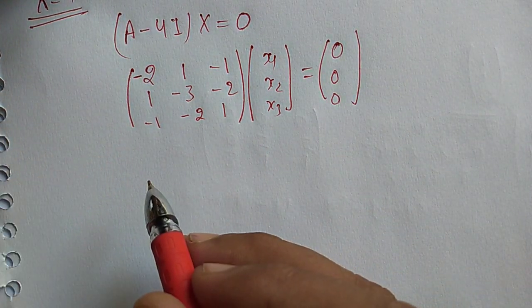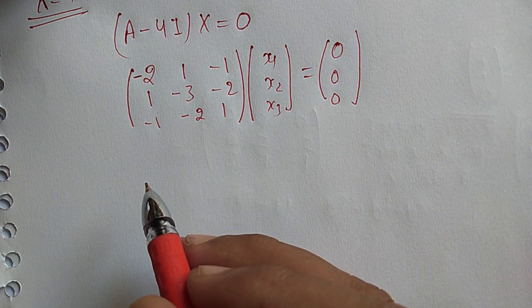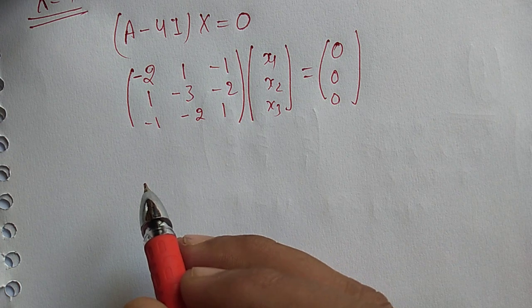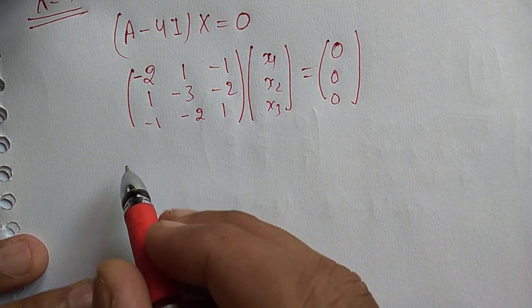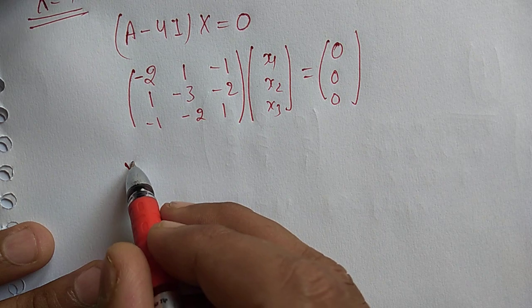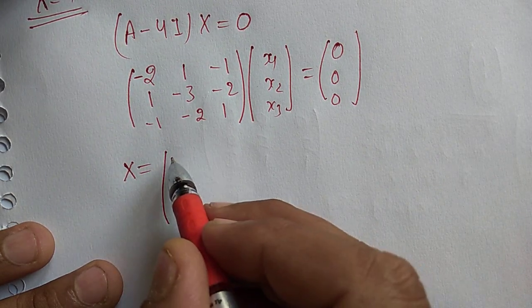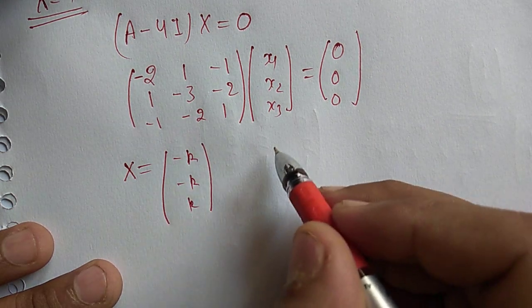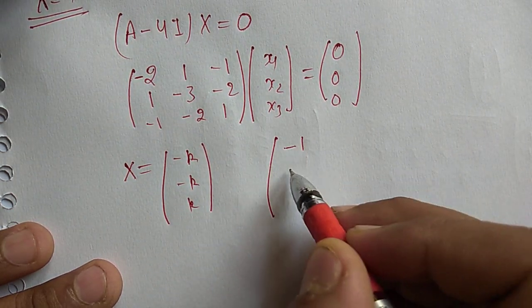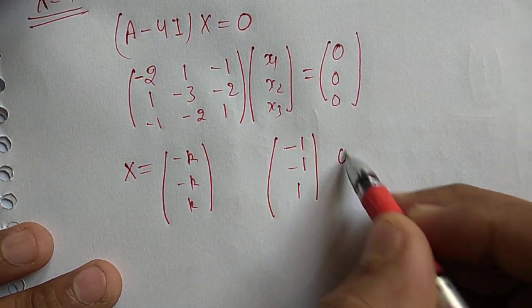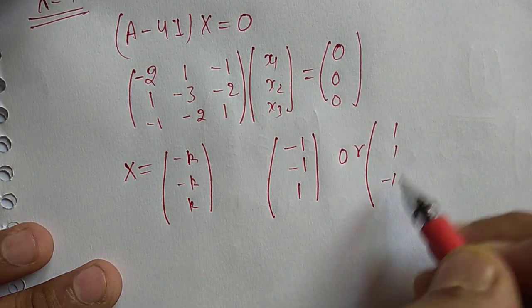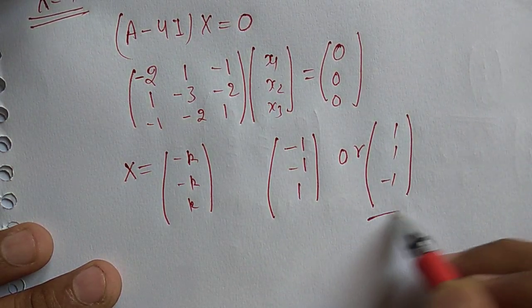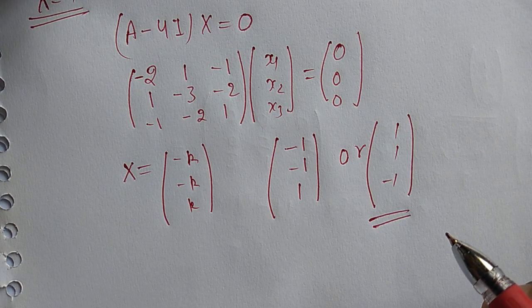So we can apply row operations, get the echelon form, and get the solution. Here the eigenvector x will be (-k, -k, k). If k equal to 1, we can have (-1, -1, 1), or one can have (1, 1, -1). So this is the eigenvector for lambda equal to 4.